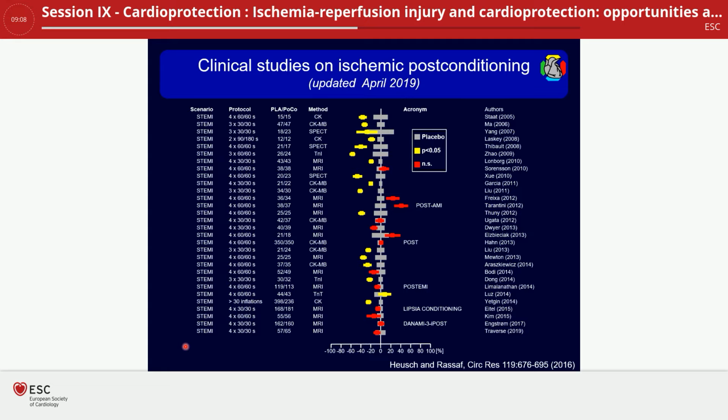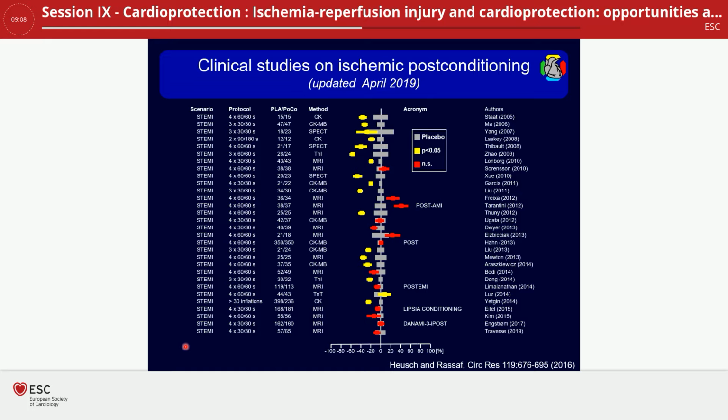This is the format that I promised before. You can see now we have a much larger sample of studies. We have studies with much larger cohorts. These are truly ST segment elevation myocardial infarction, so the real thing, not an elective intervention.